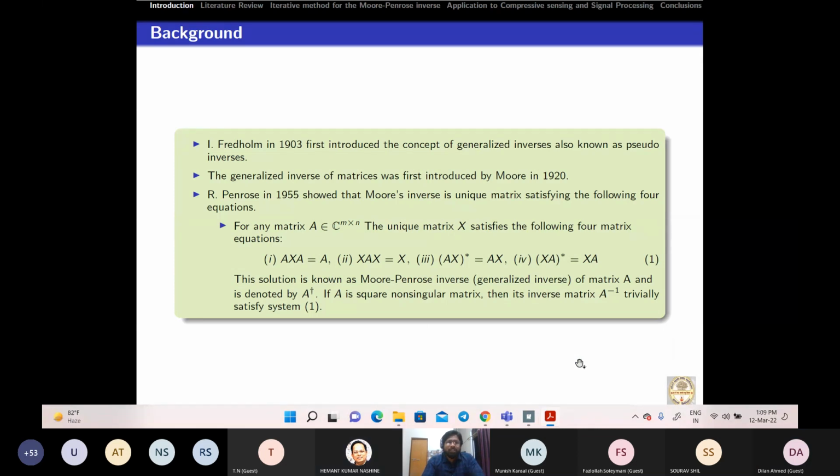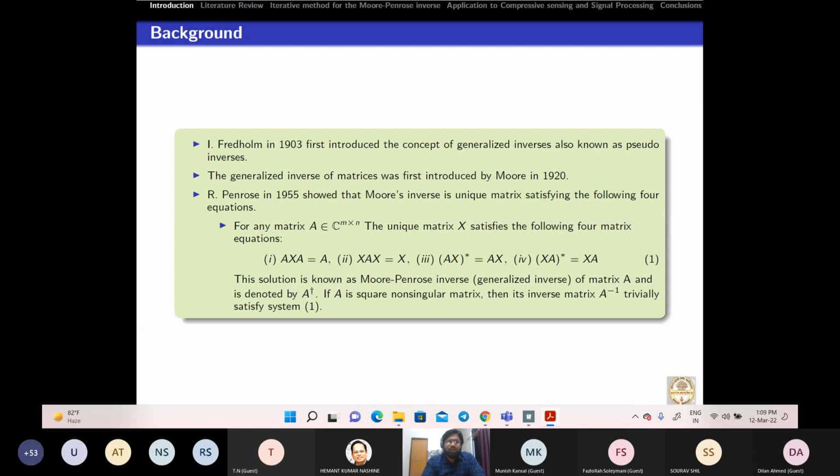Okay, so a little background about this topic. It's a very old research area, not a very new one, and many people have worked here. Research work started in 1903 when Fredholm was working on integral operator theory.